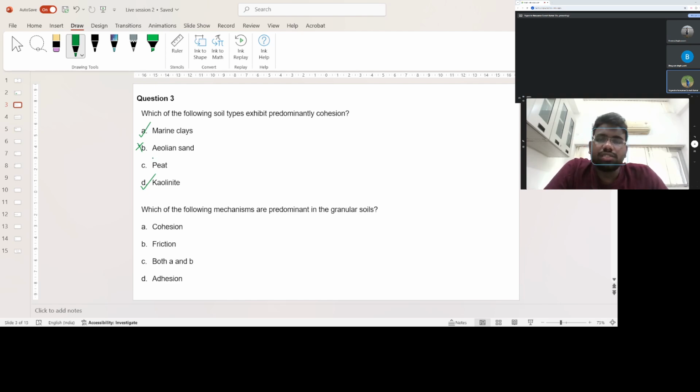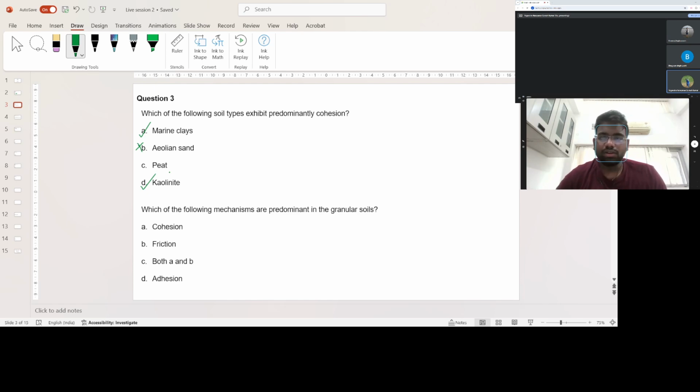Peat, as far as it is concerned, is essentially due to decomposition of organic matter, and as far as cohesive properties are concerned, you may feel that peat has cohesion, but actually, as per soil mechanics, you will see what gives rise to cohesion in the further lectures.